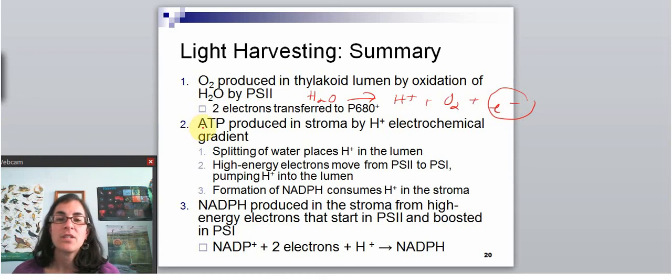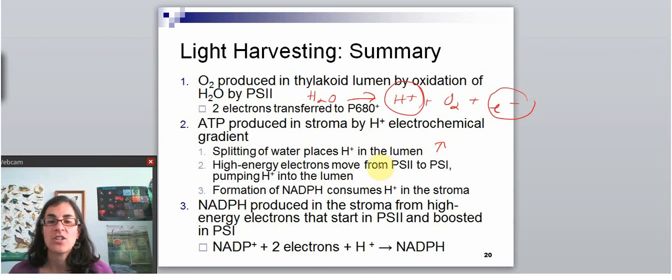ATP is produced in the stroma because of a gradient. The gradient is generated in multiple ways. So remember here, I said this makes a hydrogen ion. That actually increases the hydrogen ion concentration in the thylakoid space. We also said that we have the pump that's powered by the electron transport chain.